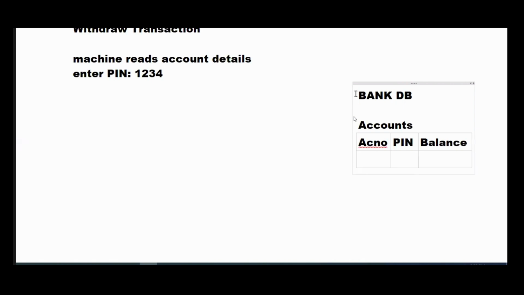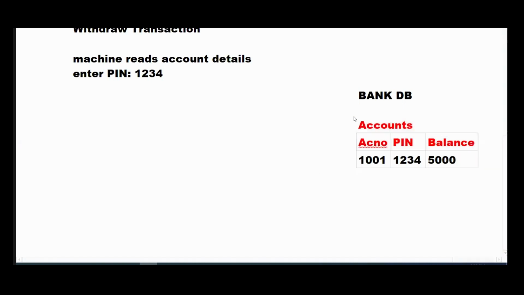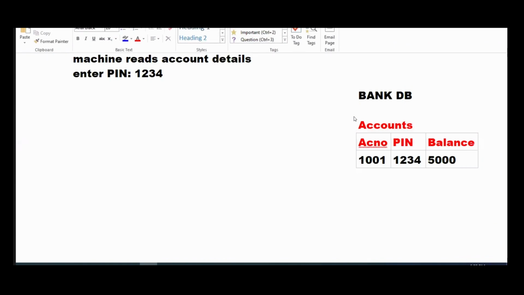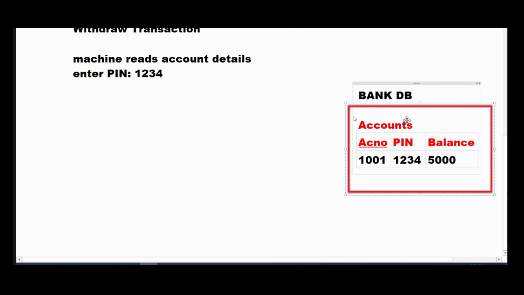So the accounts table has account details, and the bank database is stored in the bank database server.